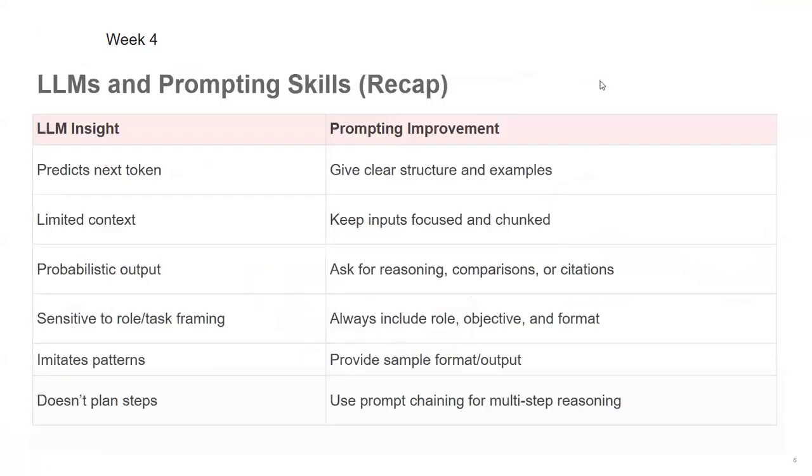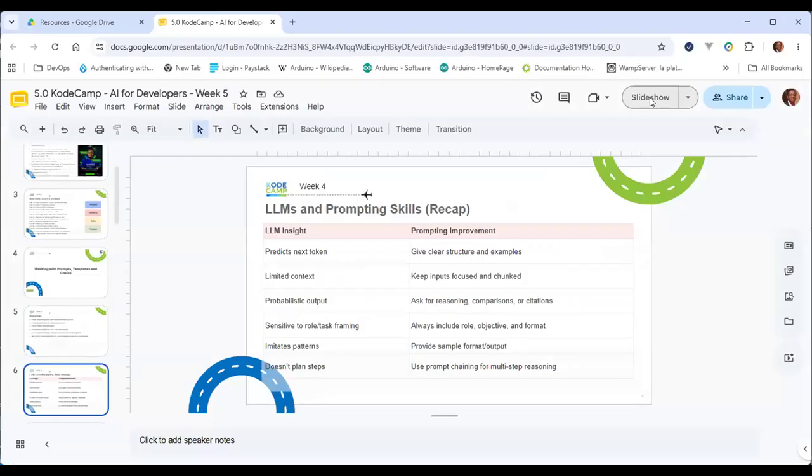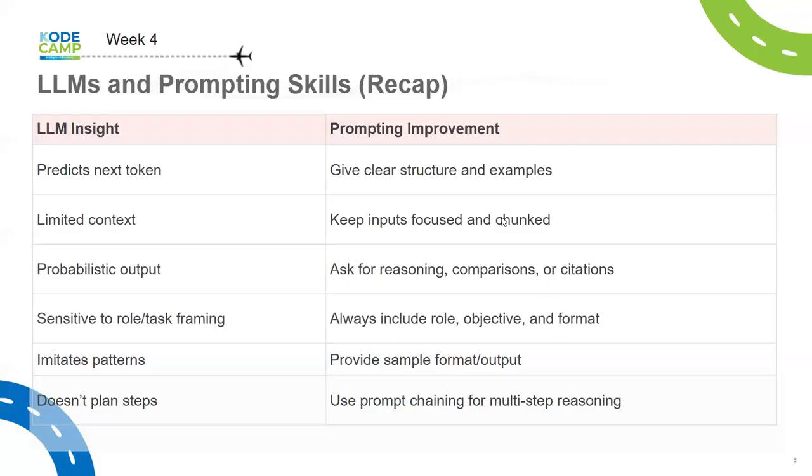So as a recap, we talked about large language models, and we talked about the fact that with large language models, you should have an understanding of what is going on behind the scenes.